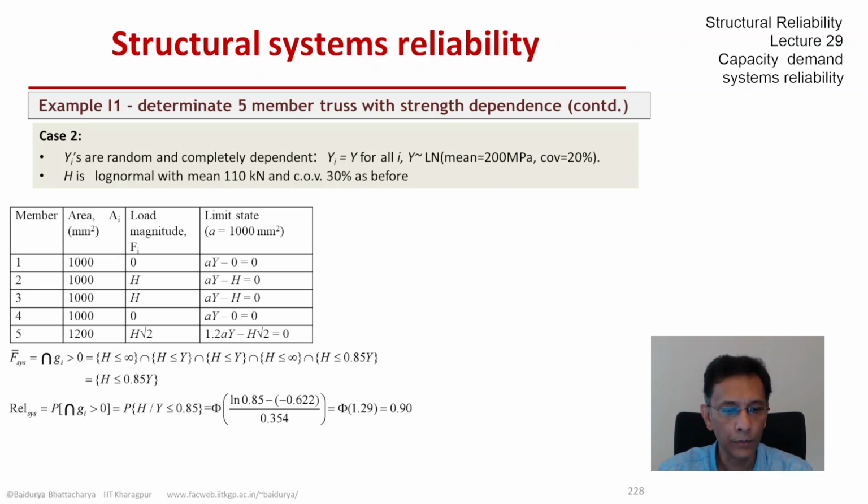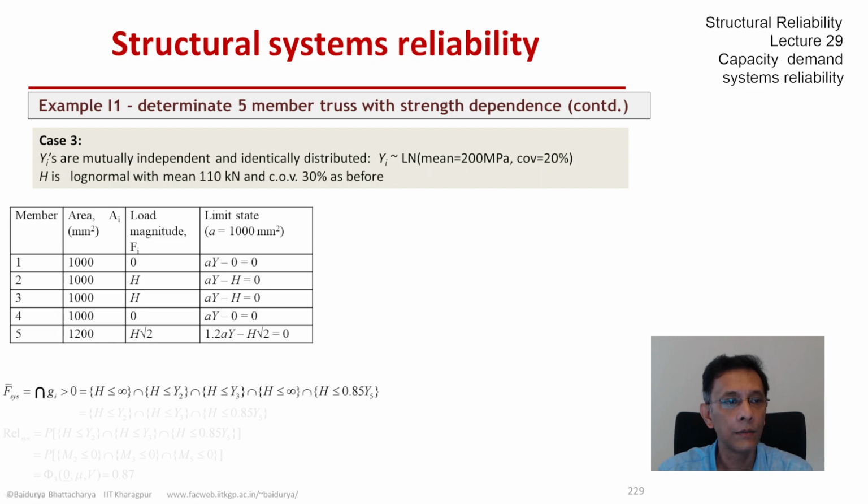Let's move on to case number 3, which is all the yield strengths are now mutually independent. So in case 2 they were all the same, now they're all mutually independent, and unfortunately we are no longer able to convert the system safe performance event into one single limit state, but we have to now take into account the fact that all the y's are different.